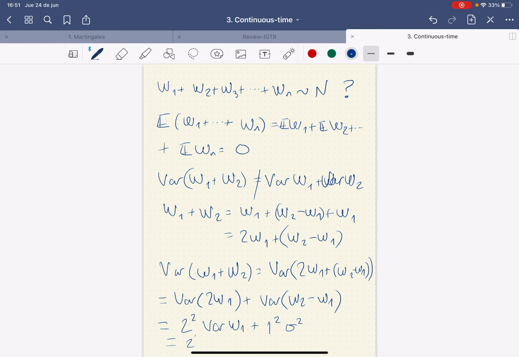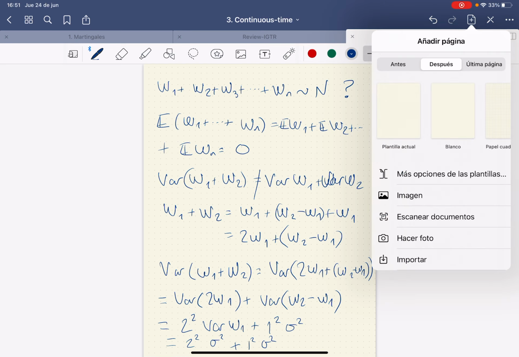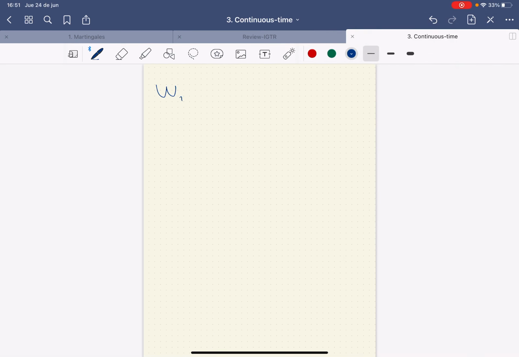So what we have is just 2 square times sigma square plus 1 square sigma square, and there we go. Now, for the case of, for instance, W1 plus W2 plus W3, all we have to do is to take a look at the fact that we can just write this as 3 times W1 plus 2 times W2 minus W1 plus W3 minus W2.